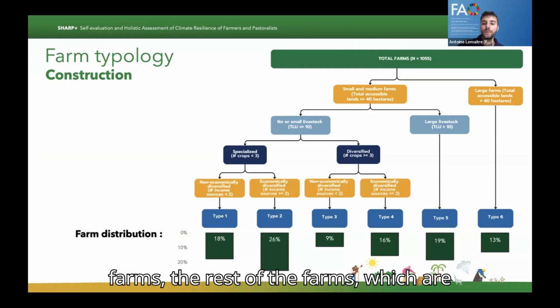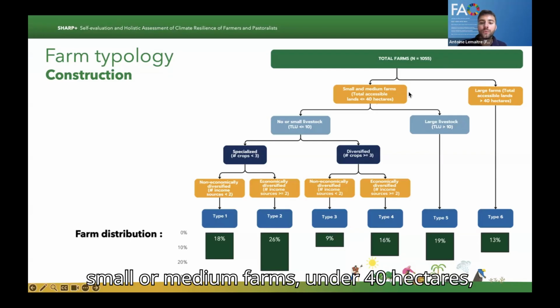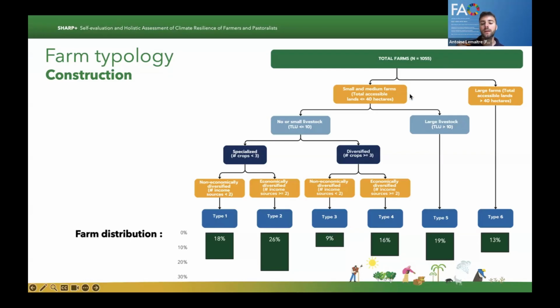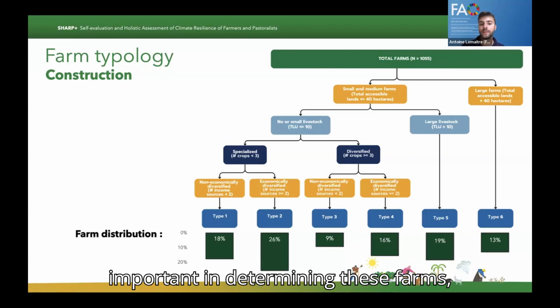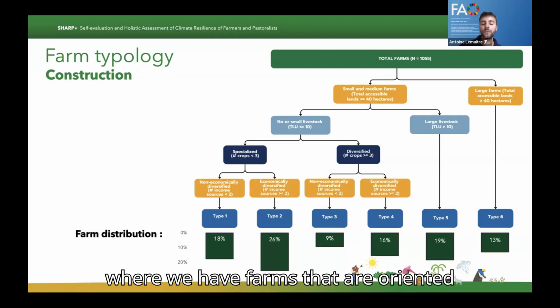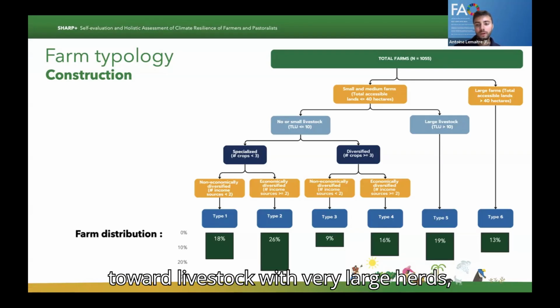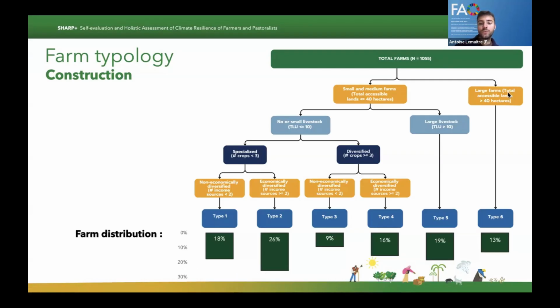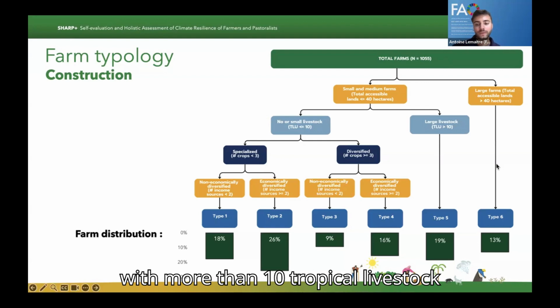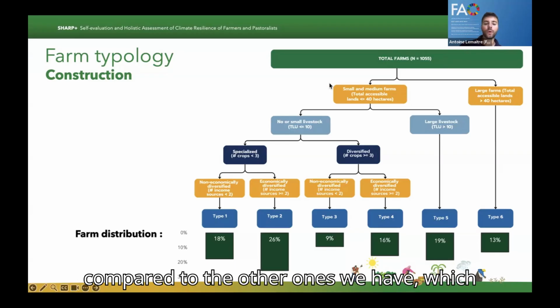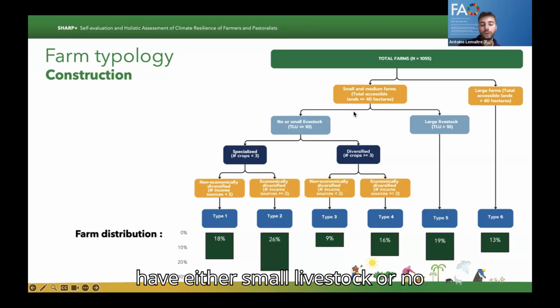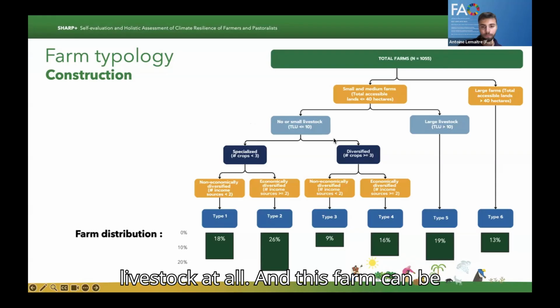Then for the rest of the farms, which are small or medium farms under 40 hectares, the presence of livestock was also very important in discriminating these farms, where we have farms that are oriented toward livestock with very large herds, with more than 10 tropical livestock units. So very large herds, compared to the other ones which have either small livestock or no livestock at all.